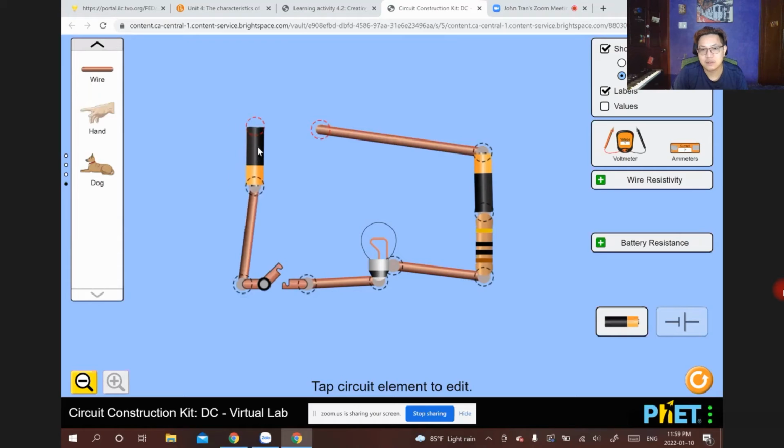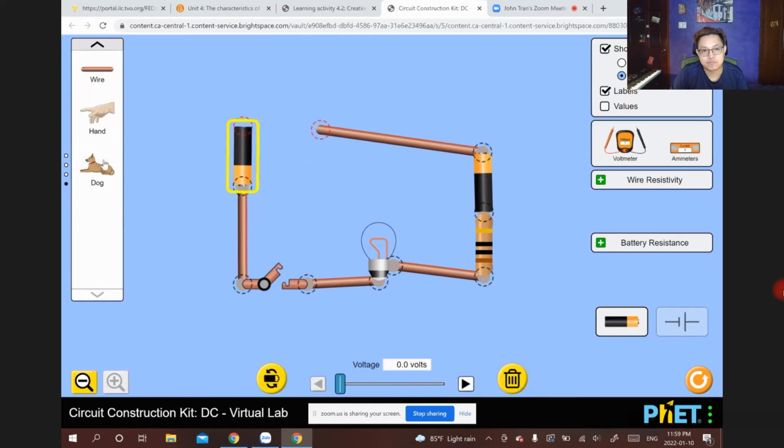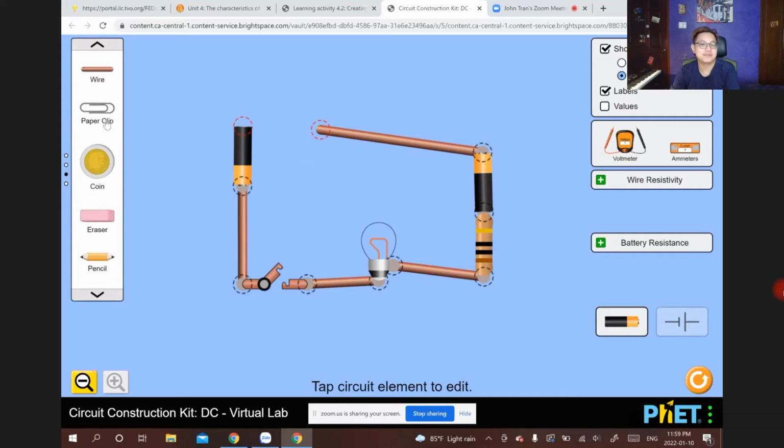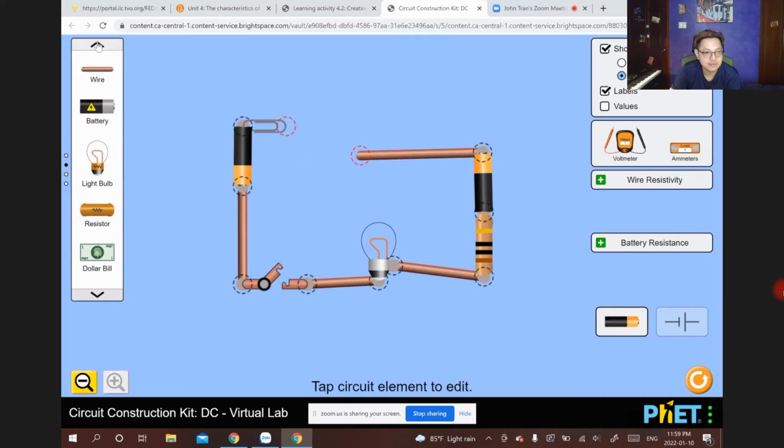Try a paperclip. Because a paperclip is made out of metal, it will probably conduct.